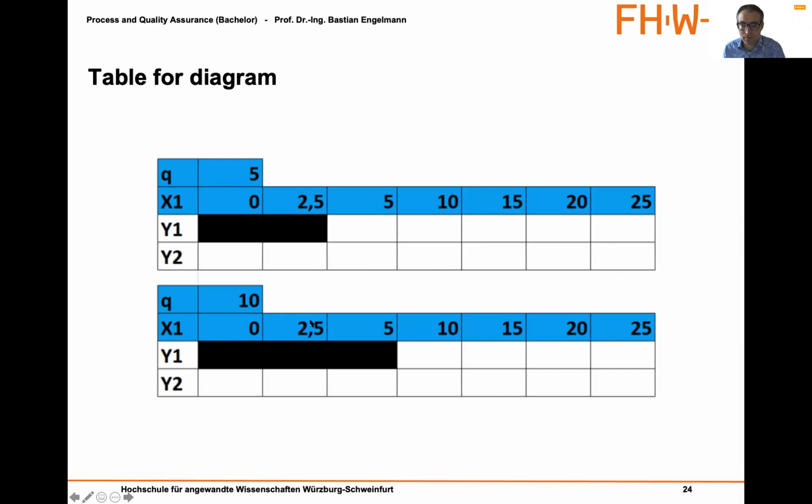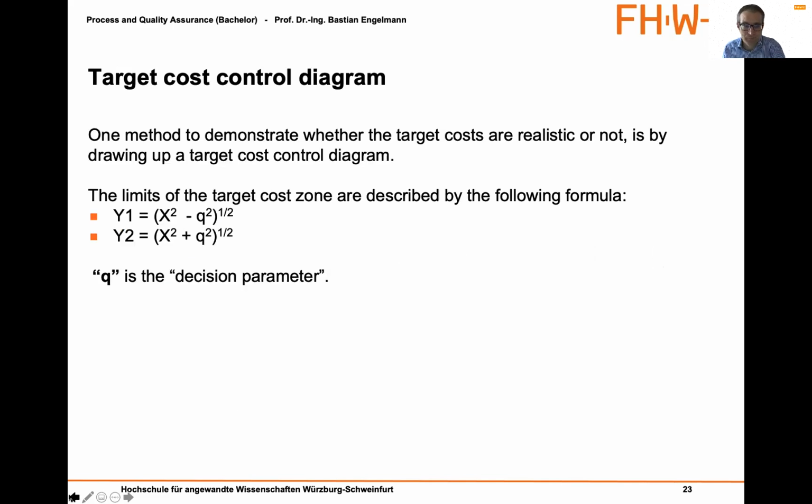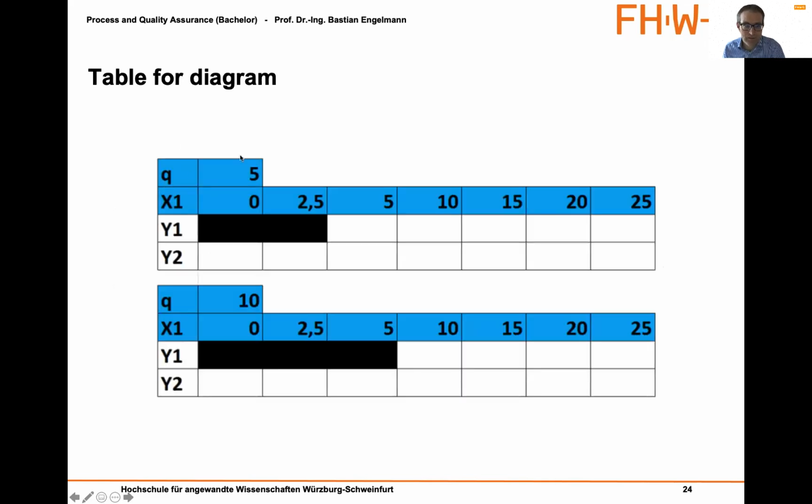Here are the tables for the diagram. Basically, here are 2 formulas. And in these formulas, you have a parameter Q here, which is mentioned here. This table is for Q equals to 5. And this table is for Q equals to 10.